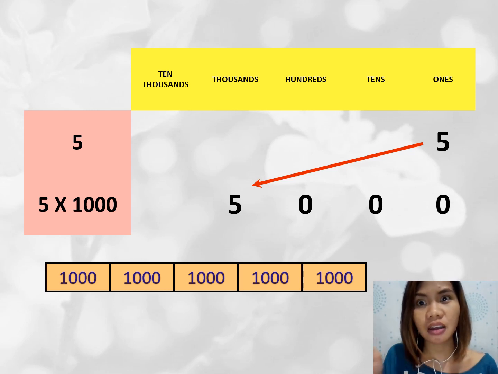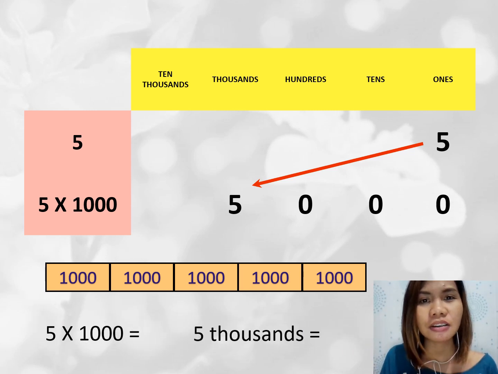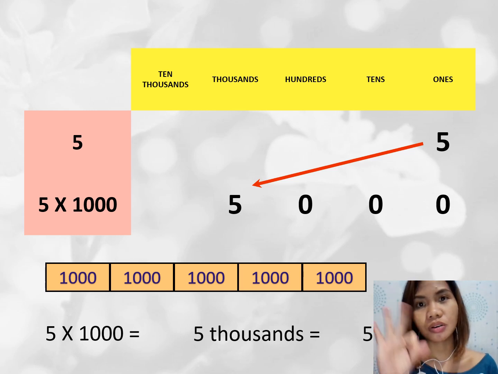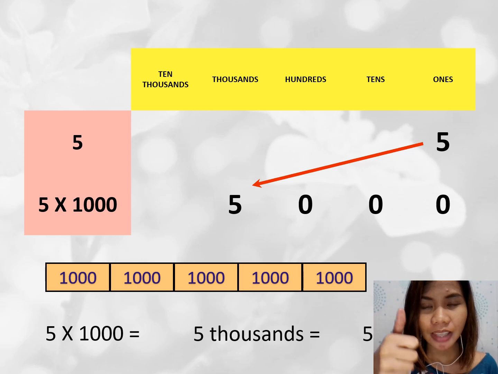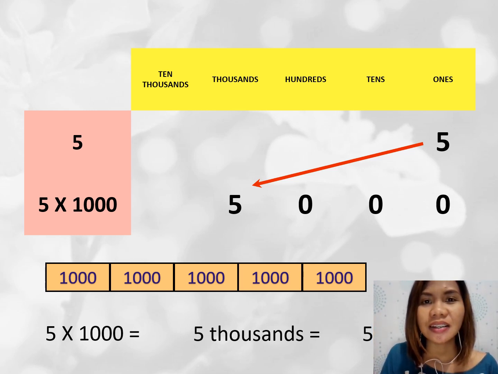That's the 5 groups of 1,000. And the other way of writing this is 5 thousands. And the value of this is, of course, 5,000: 5 and the 3 zeros. Understood? So that's the reason why we have that kind of short trick.